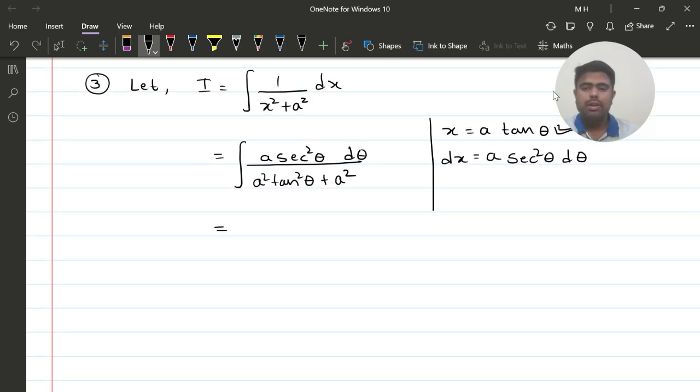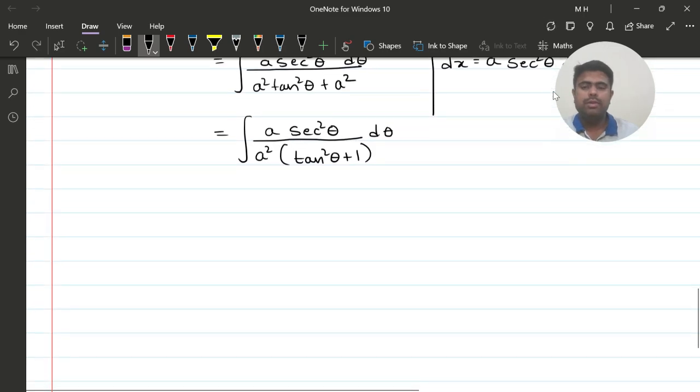So this will be equal to the integral of a sec square theta divided by, in both of these a square is common, right? So if we take a square common, what will I get? I will get tan square theta plus 1 d theta. So a cancels, and 1 by a will come out.